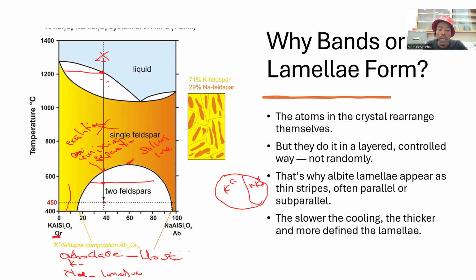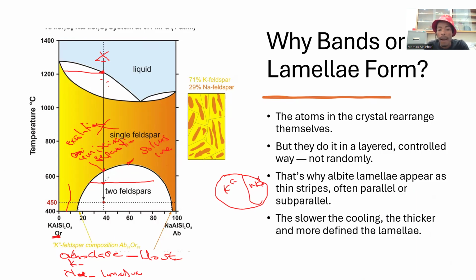And then if I need this one, I'll start from here, 10, 20, 30. Yeah, like that. So I can tell that K feldspar is the host because I started on this side.